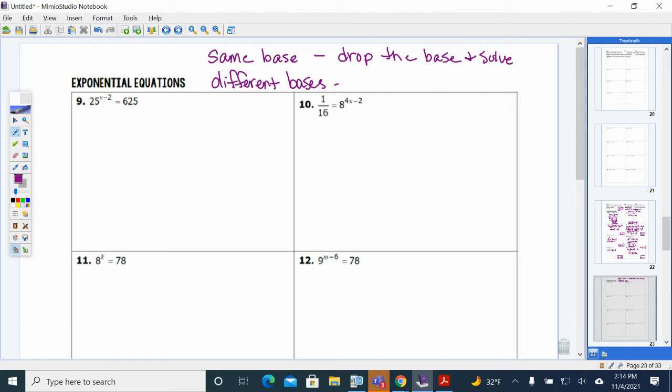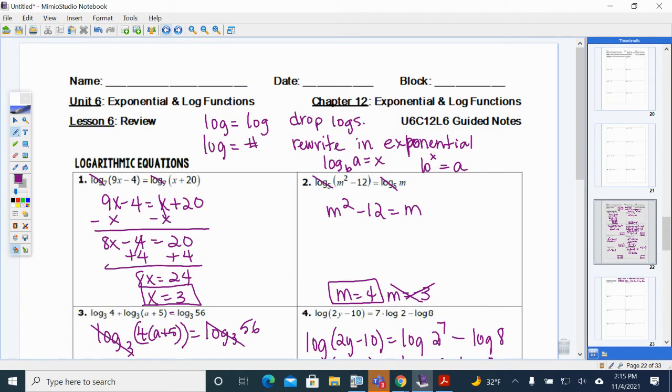If we have different bases, then we're going to rewrite in log form. And again, you'll use the same method that I wrote over here. Log base b of a equals x becomes b to the x equals a.